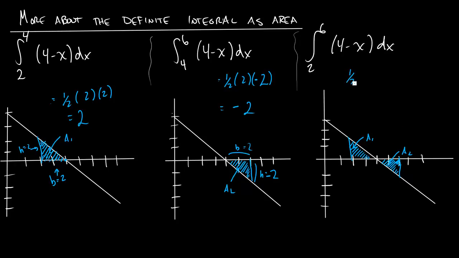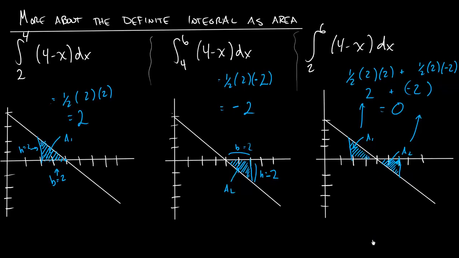So we'd have 1/2 times the base of a1 times the height of a1 plus, and then we'll do a2 over here, 1/2 times the base of a2 times the height. And so we'll have 2 plus negative 2. All right, the negative 2 is just like here, and we'll actually end up getting 0. Even though there's a lot of area, we end up getting 0 because this is counted as negative area. That's the very important thing to take away, is when you're below the x-axis, you get negative area.